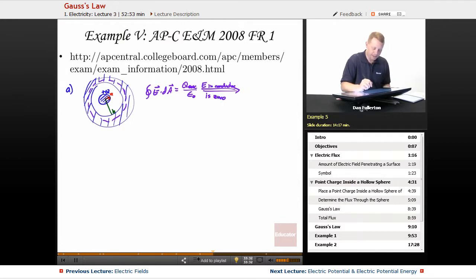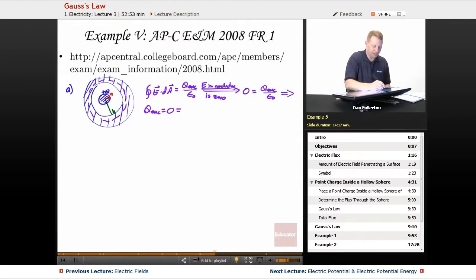Once you know that, then you can say, well, the left-hand side, if we know the electric field is 0, 0 dotted with something must be 0, is equal to Q enclosed divided by epsilon naught. Therefore, Q enclosed by our Gaussian surface must be 0.